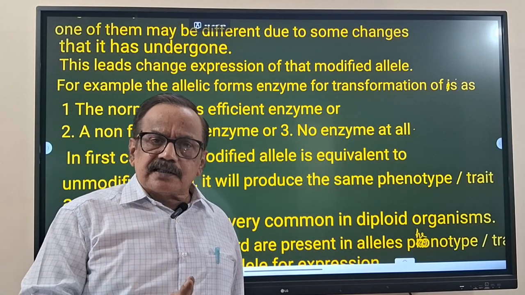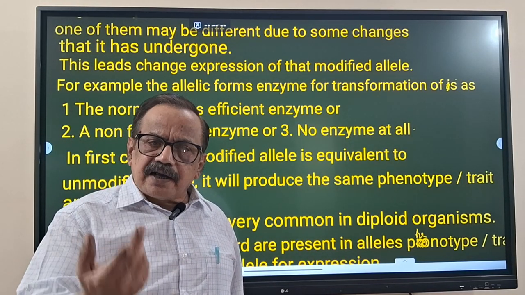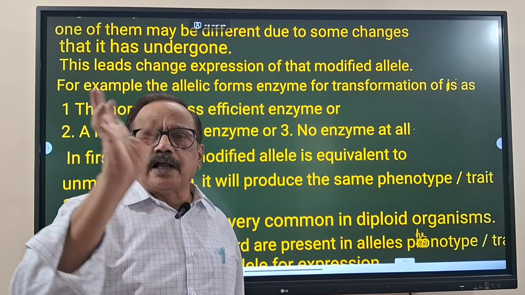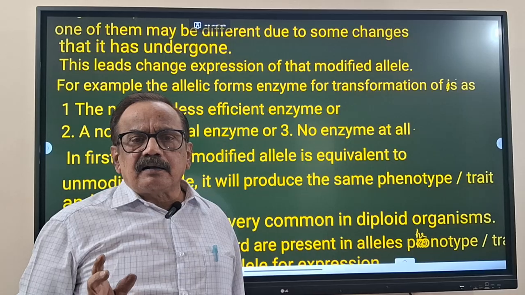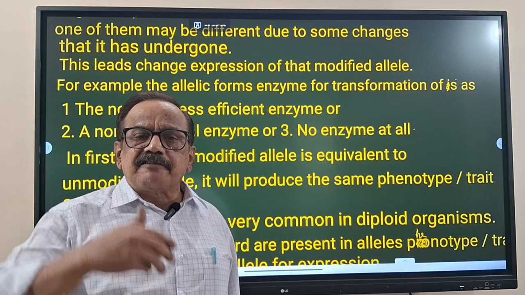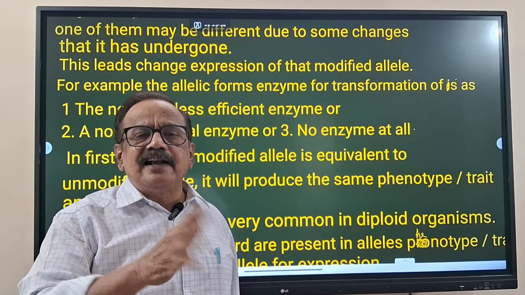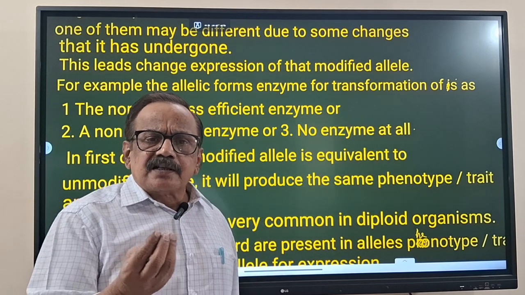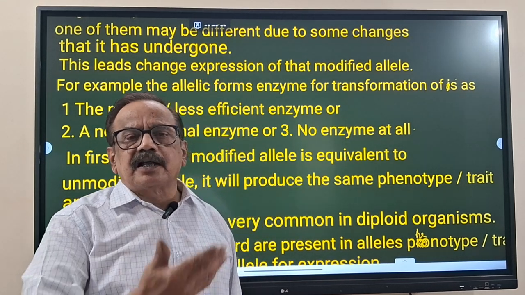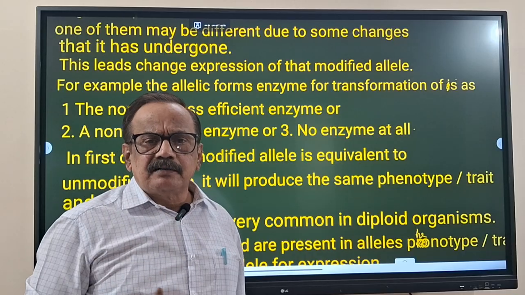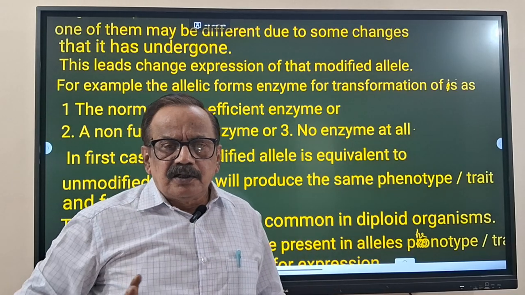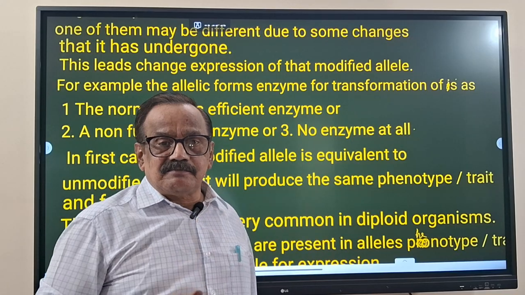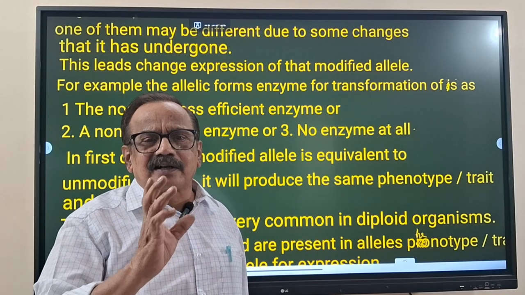So it is non-functional because of not having proper active sites, or transcription has failed because of some change, for example, a stop codon modified in the third triplet, and it stops. But it will work because the second allele is functional. That only is what I am going to tell.